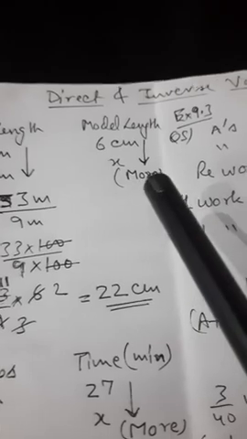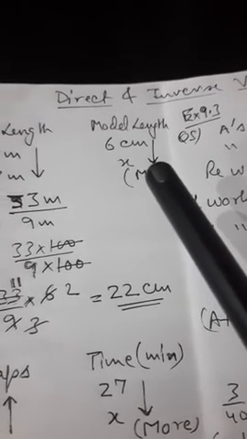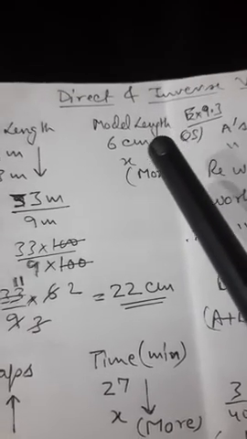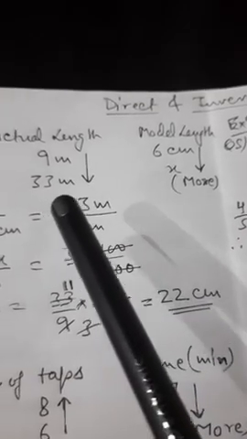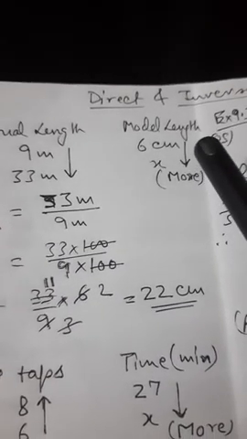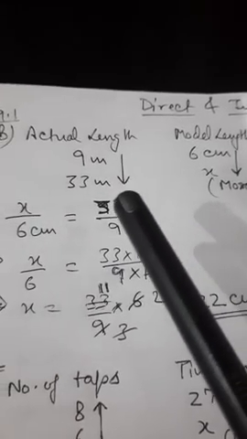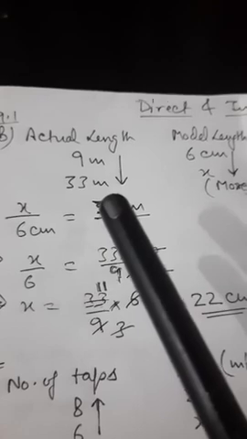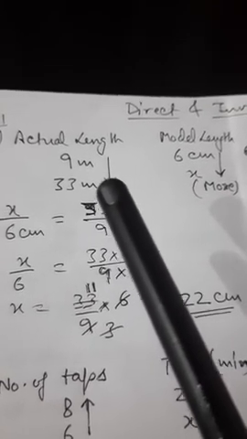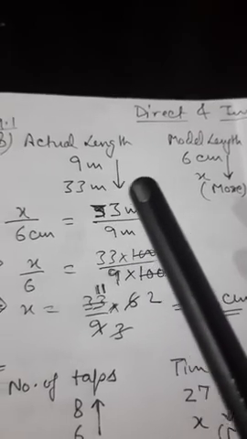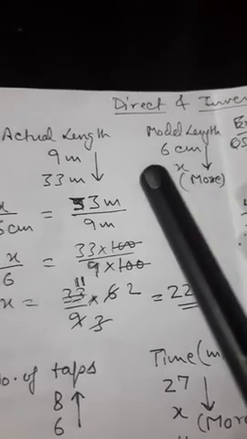So in the arrow method, the first step you have to follow is to put the arrow towards x, whether x is in this column or this column. Now whether it is a case of direct variation or inverse variation, you read like this: when the length is 9 meter, here it is 6 centimeter.